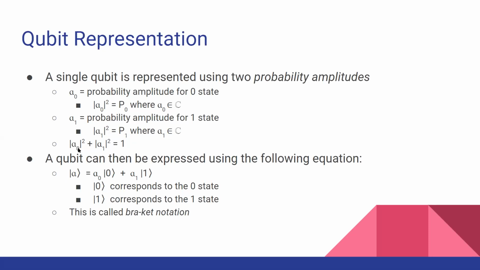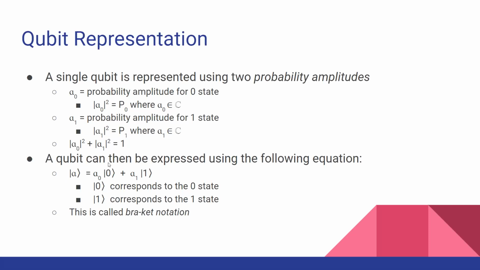The probability the first state happens is p0, which is this part, and the probability it's in the other state is p1. So this is really just saying p0 plus p1. Since these are the only two possibilities, they should add up to 1, like 100% in a sense.